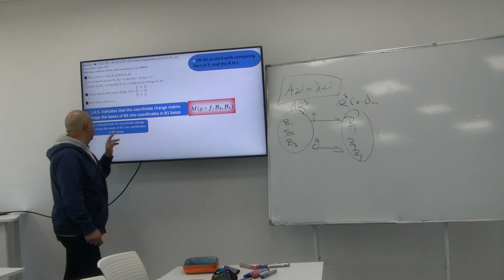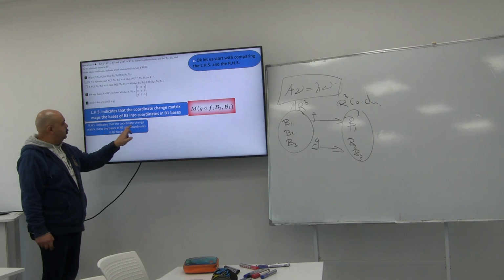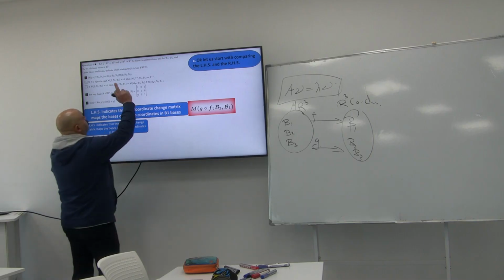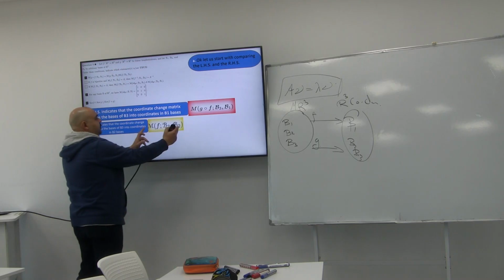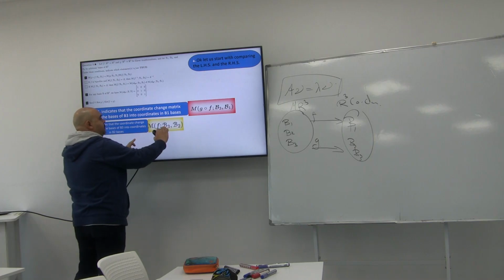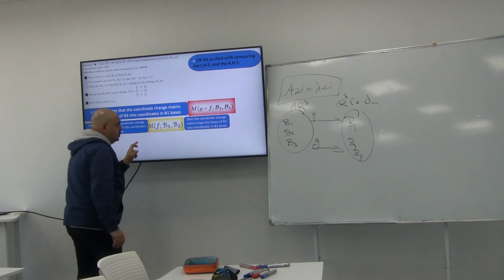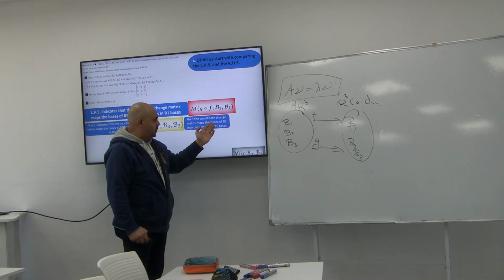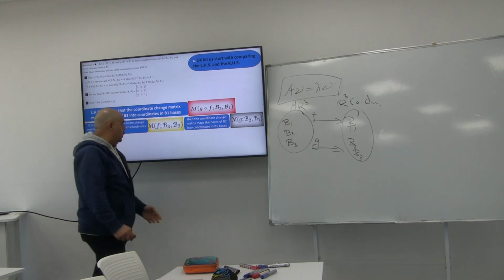The right-hand side indicates that the coordinates change matrix maps the basis of B3 into coordinates in B2. So it starts with B3 into B2, then from B2 into B1. This is the first matrix that maps B3 into B2, and then I map B2 into B1, which is the required matrix for the coordinate change from B2 into B1.